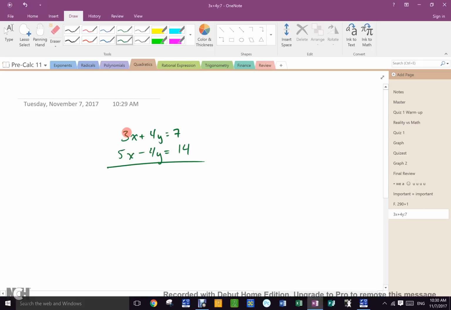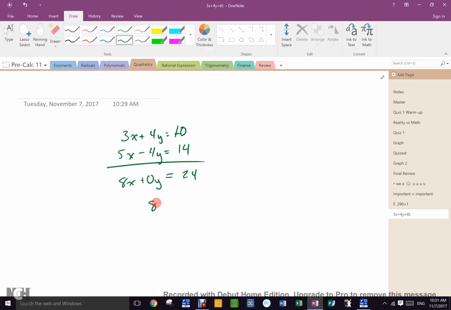What do I get when I add 3x's and 5x's? 8x's. Okay? What happens when I add 4 and negative 4? Plus 0y equals, damn it, I messed that up. Let's make that 10. What do I get when I add there? 24. Do I write 0y? 8x equals 24. What does x equal? 3.